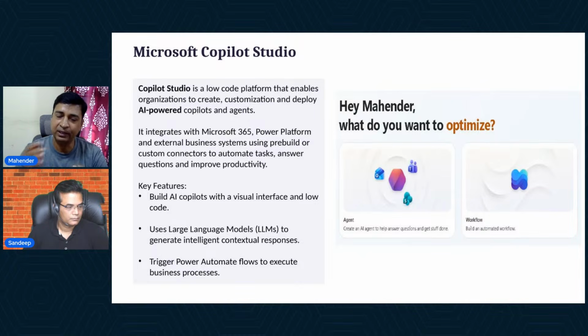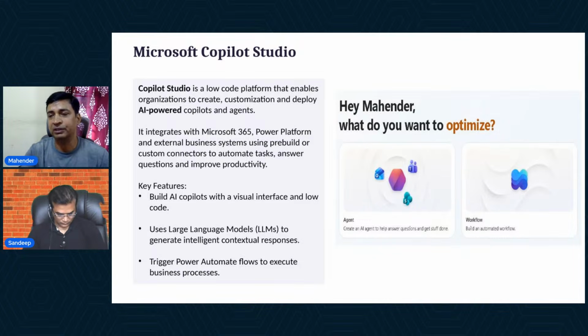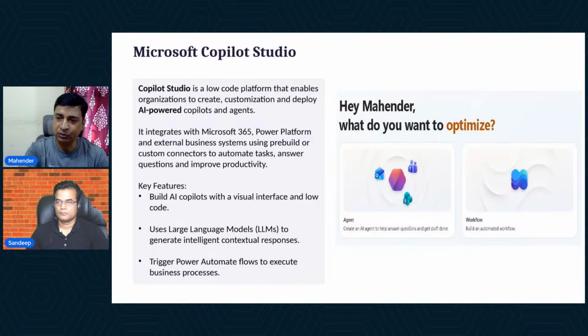As you know, we have a different feature set available. For example, as I said, we have the visual interface, so drag and drop features are there. We can use large language models to generate different contextual responses.